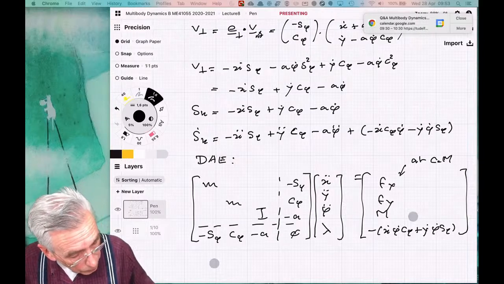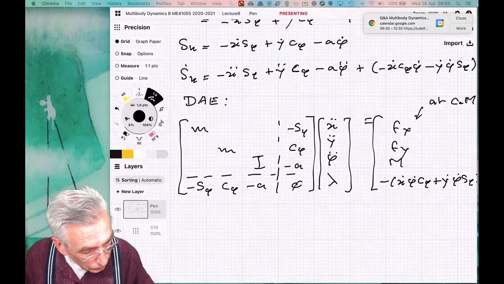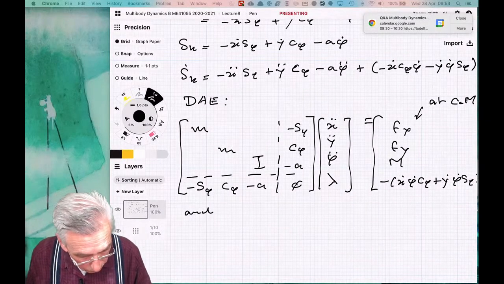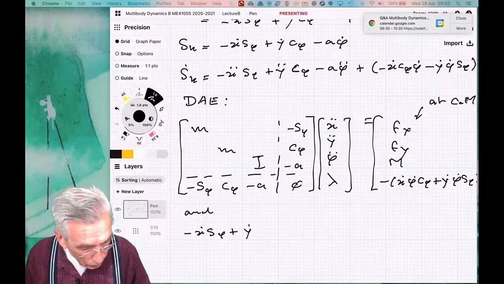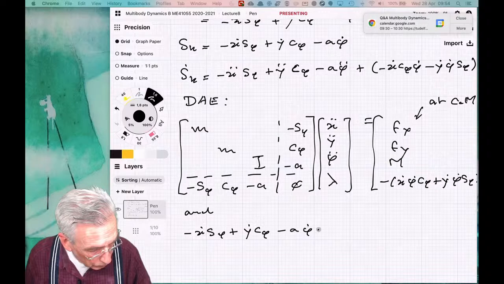And of course, we still have to keep in mind, and that is for the numerical integration, and for the velocities all the time, that minus x dot sine phi plus y dot cosine phi minus a phi dot is 0.